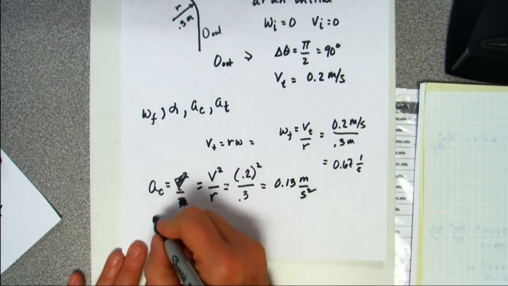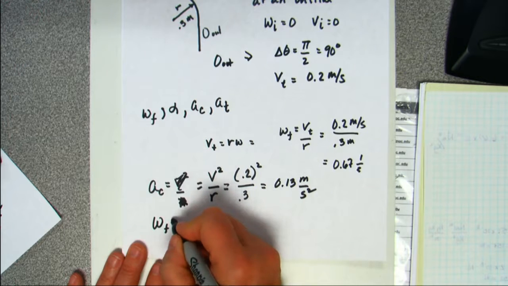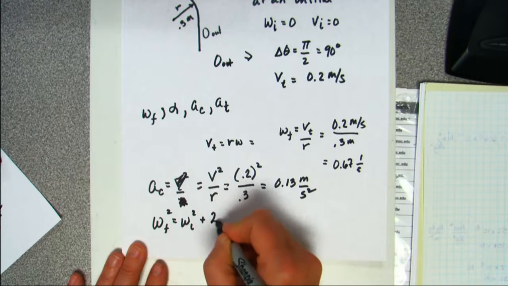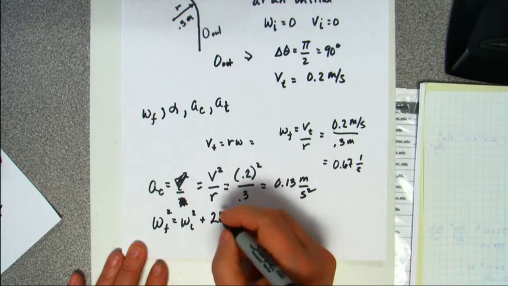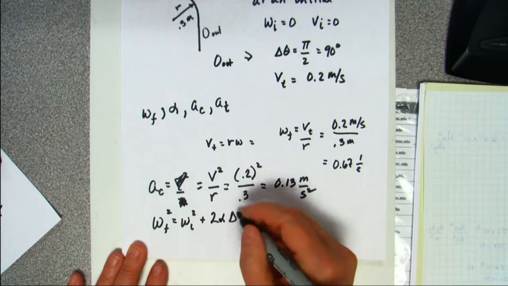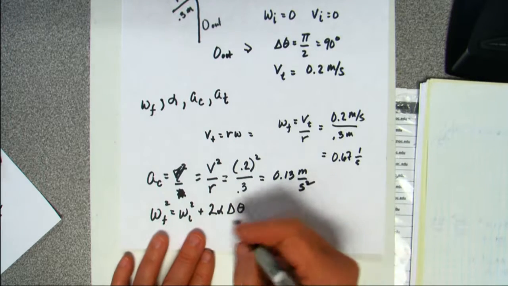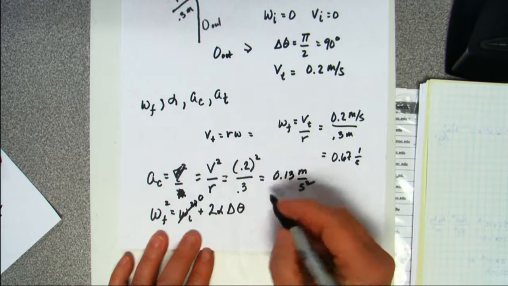I want to find alpha. Omega final squared is equal to omega initial squared plus 2 alpha change in angle. Omega initial was equal to 0.